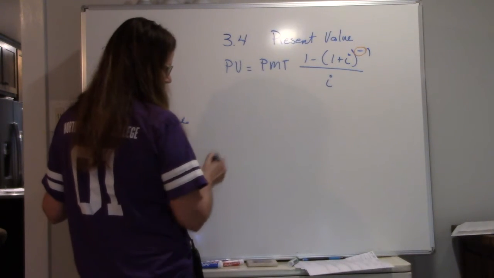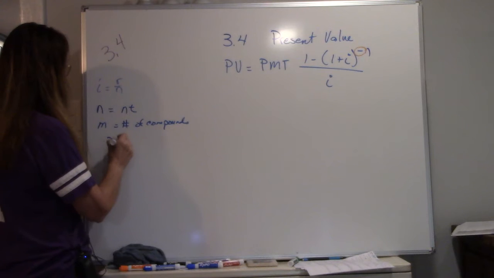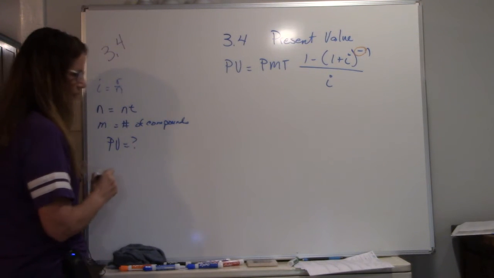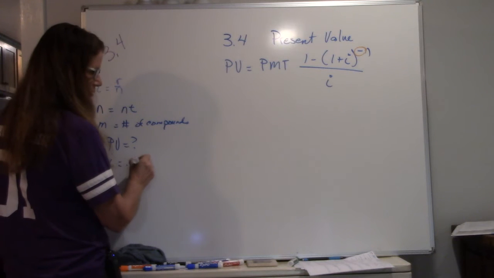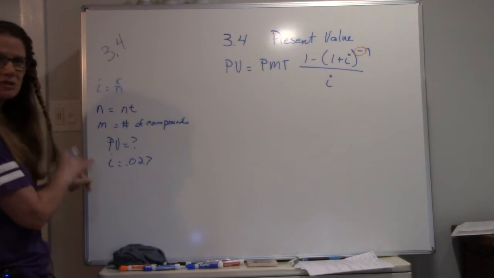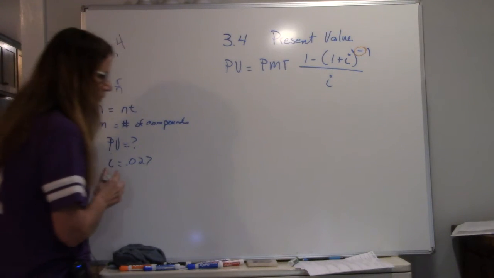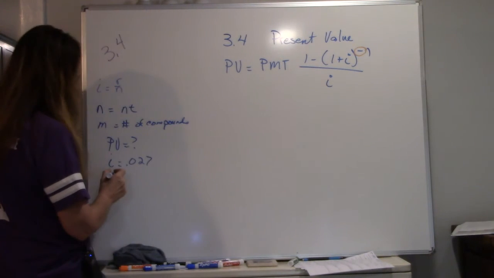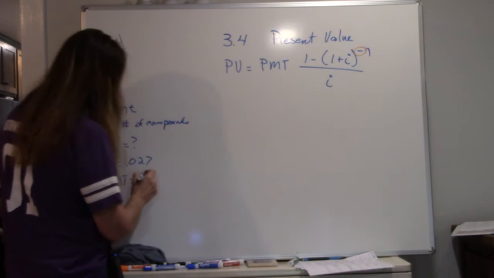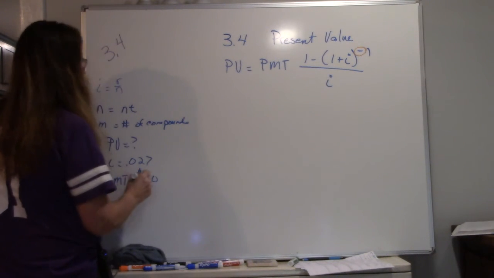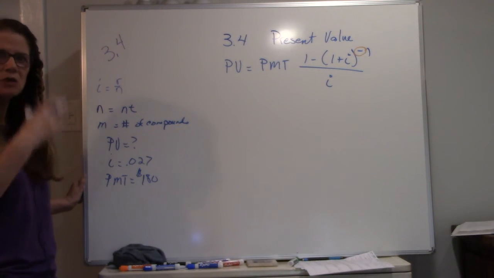The first one, we're looking for present value. So I'm going to put my information over here. We have our I is 0.027. In this case, they're just giving you I, so you don't have to worry about the R over N. They're giving you the payment, which is 180. Remember, with future value and present value, you have a sequence of payments.